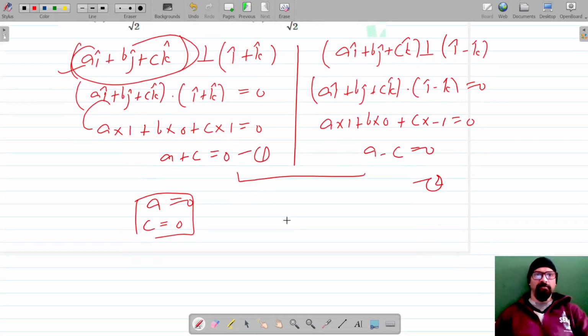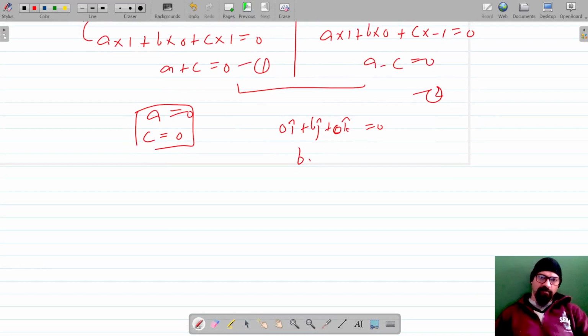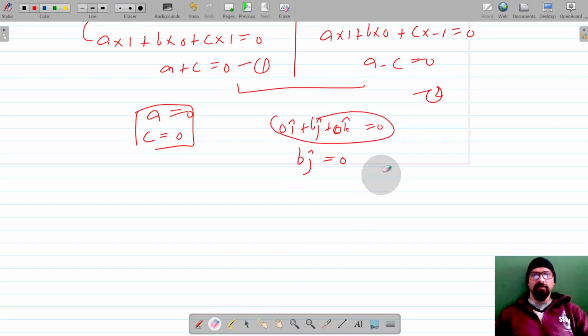So our unit vector reduces to 0 i cap plus b j cap plus 0 into k cap, which is finally just b j cap. Now, because this is a unit vector, its magnitude is equal to 1, which gives b is equal to 1.